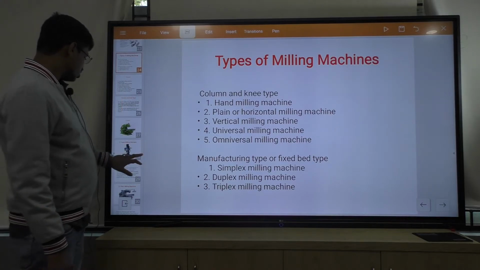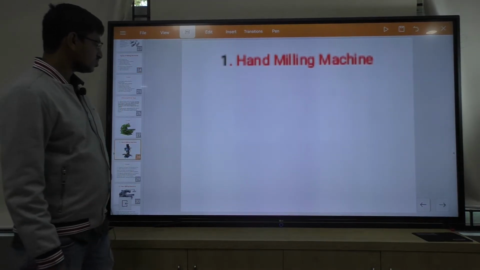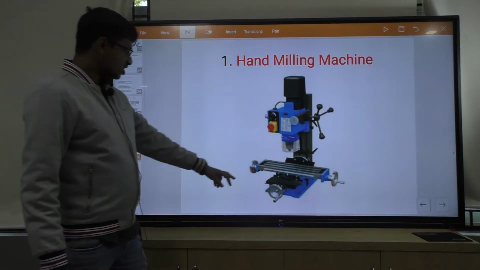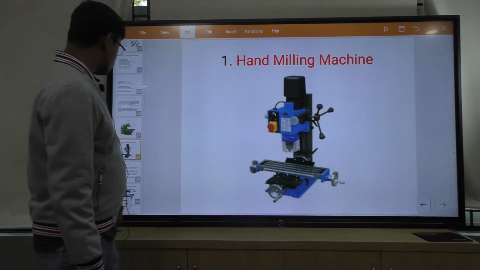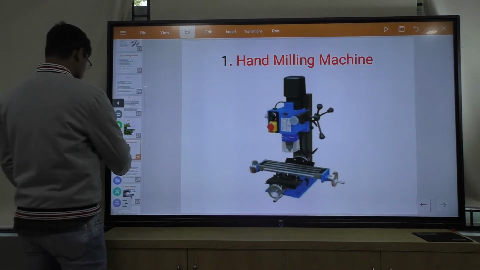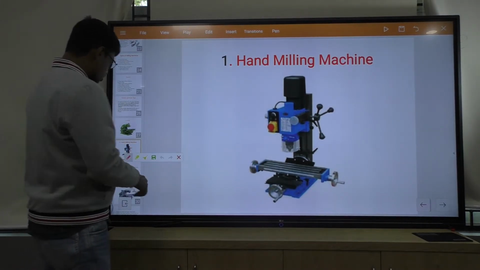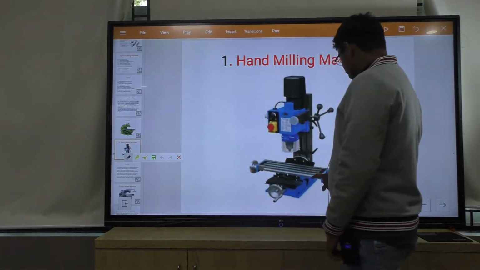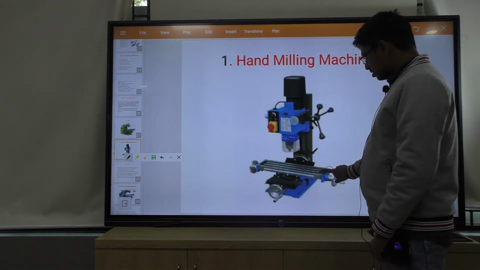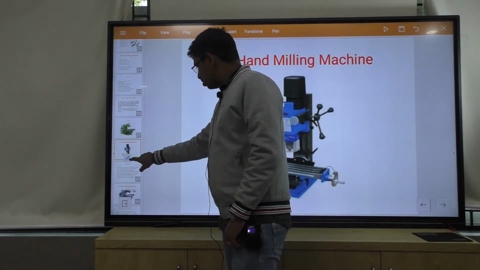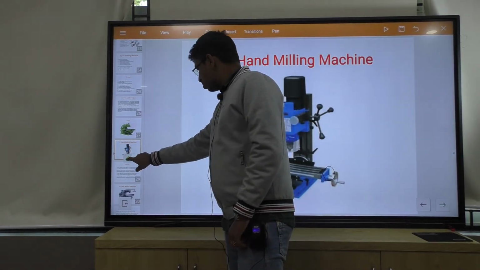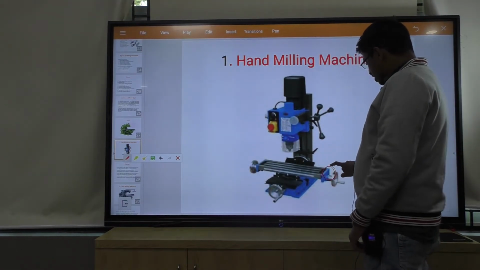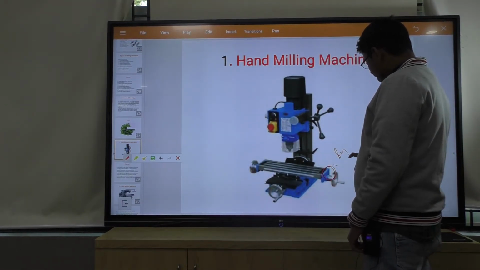So, this is hand milling machines. What do we mean by hand milling machines? On these machines the table has two motions, and the feeding provided to the table is by hand.